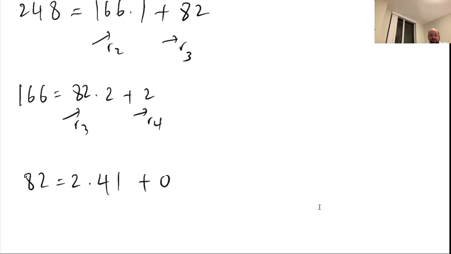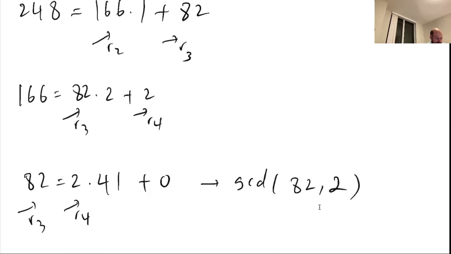Once the remainder becomes 0, then the algorithm finishes. So that means GCD of 82 and 2, right? So this was R3, this was R4.